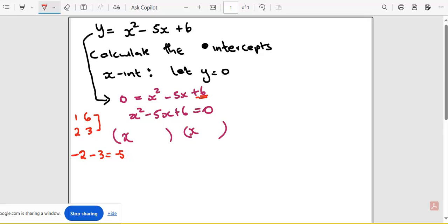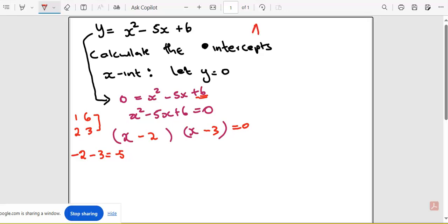Yes, sir. Now I know that 2 times 3 is 6, so this tells me that the -2 should be negative and the -3 should be negative, and this is equal to 0. Now we use the zero product property.